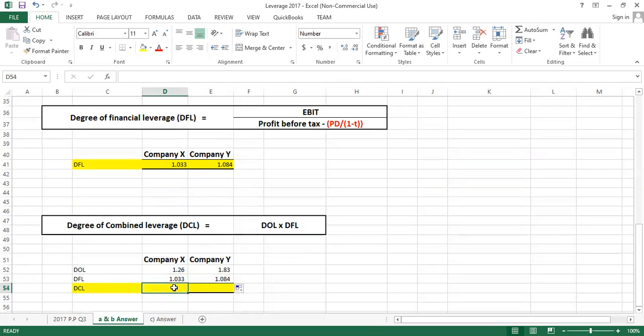Then multiply the two leverages. 1.26 multiplied by 1.033, so company X combined leverage is 1.304. Likewise, company Y combined leverage is 1.988. So all the leverages are calculated.